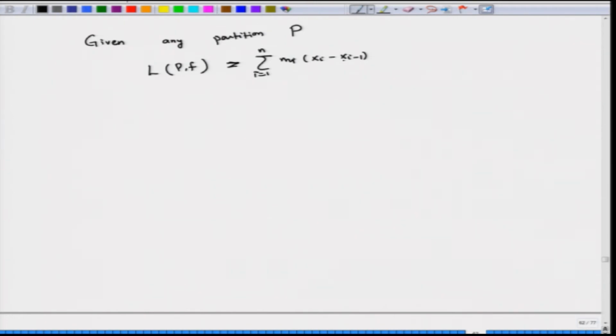Therefore, definitely m i, being the infimum, is less than or equal to f of x for x in [x i minus 1, x i].